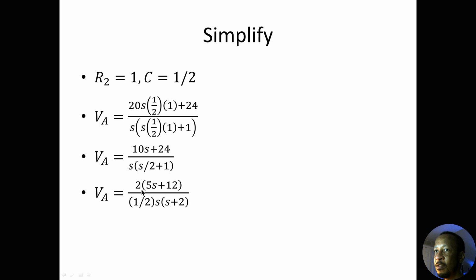And so you end up with this expression, and then you factor out a 2 from these two numbers here. 2 times 5 gives you 10. 2 times 12 gives you 24. So next, what does that become when you have half in the denominator? 2 divided by 0.5 is going to give you 4. So that's how you get a 4 there on the top. And so that is your expression for VA.